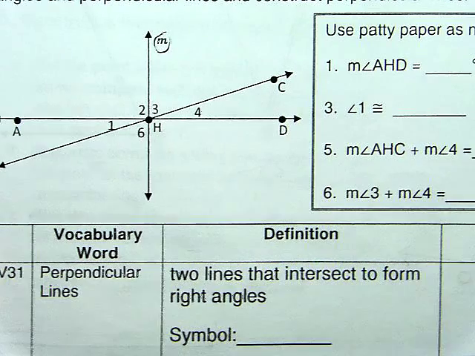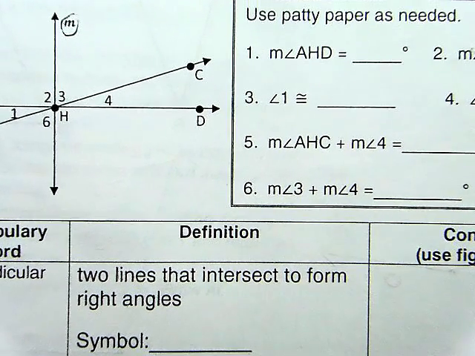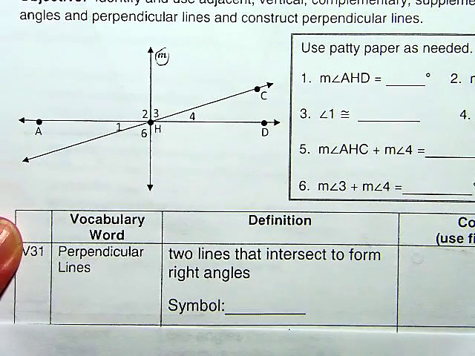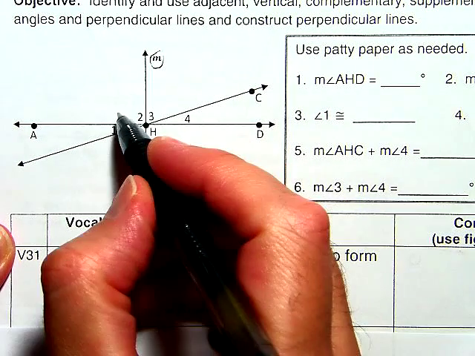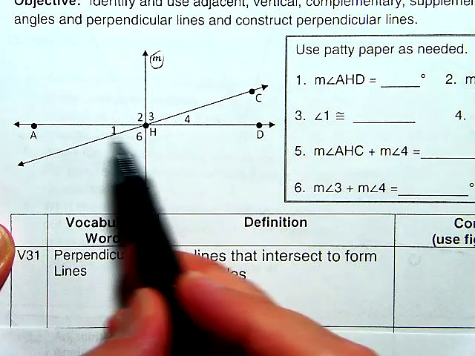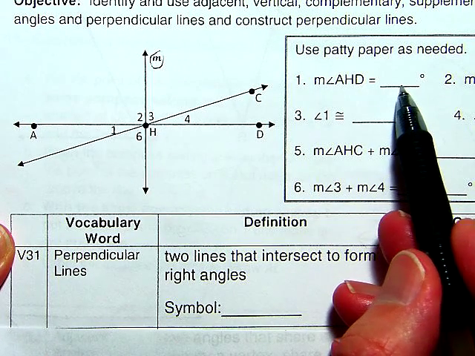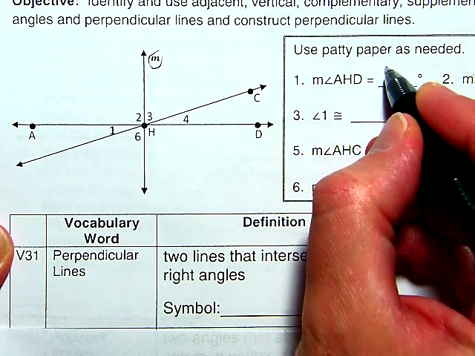We're going to start by assuming that angle AHD is a straight angle, because we know that AD is a line. So the measure of angle AHD as a straight angle, from what we learned in a previous lesson, is 180 degrees.